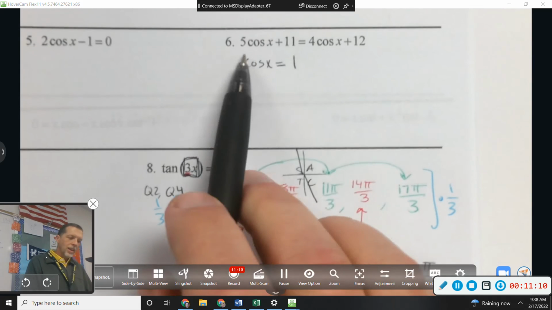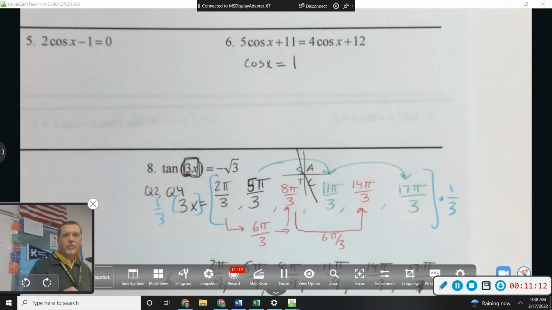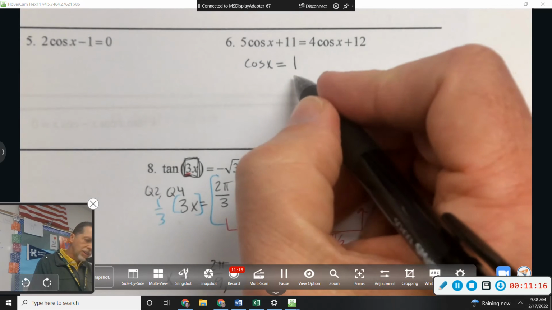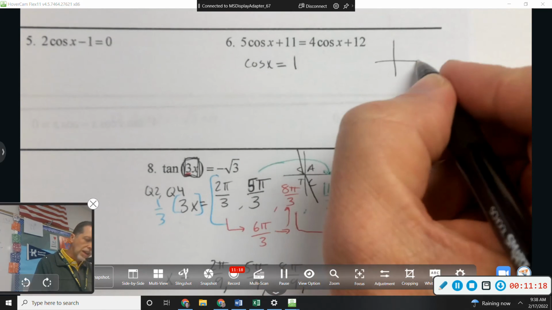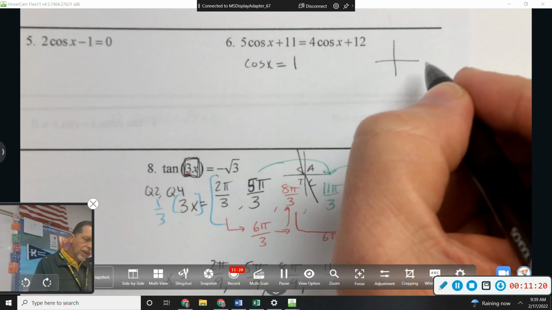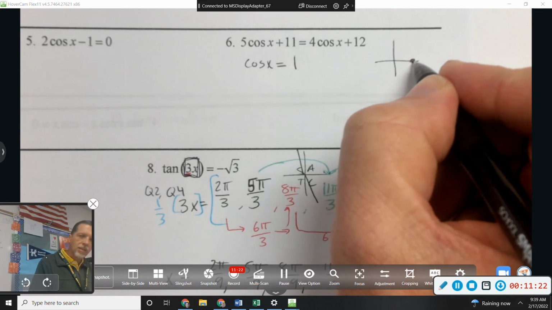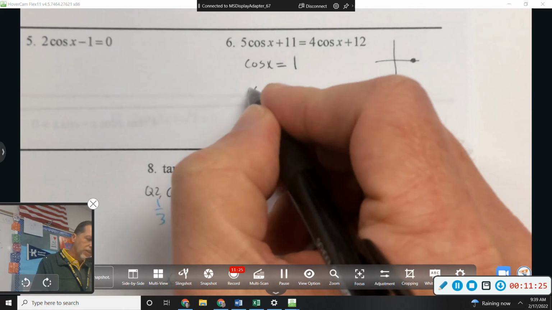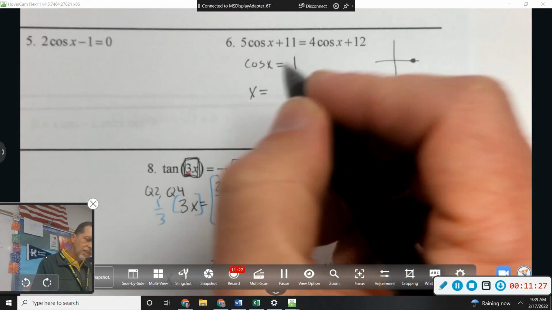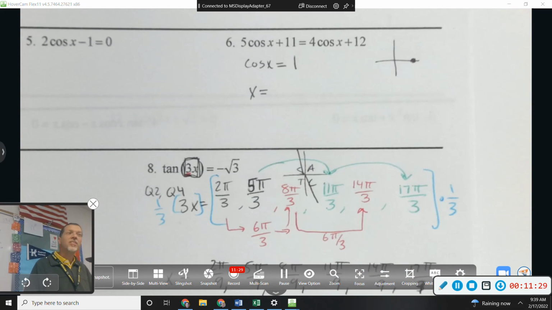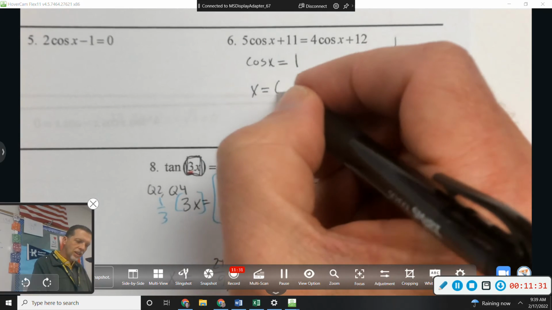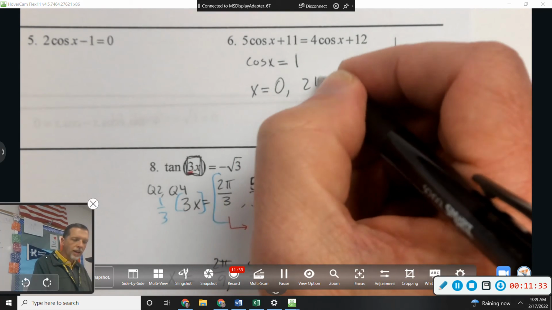Hopefully you can jump from there to there without error. Okay, cosine of x equals 1. Let's see. Cosine of x equals 1, right? Yeah, right there. So where is there? What's the angle there? How far have I rotated? 0 or 2 pi.